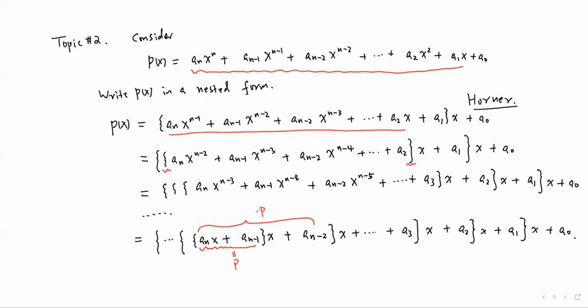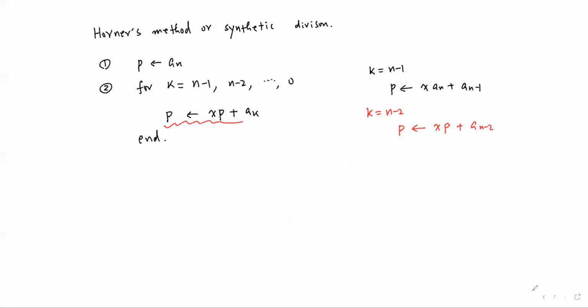So when K is n-3, run this line. Now K is n-3, AN-3.